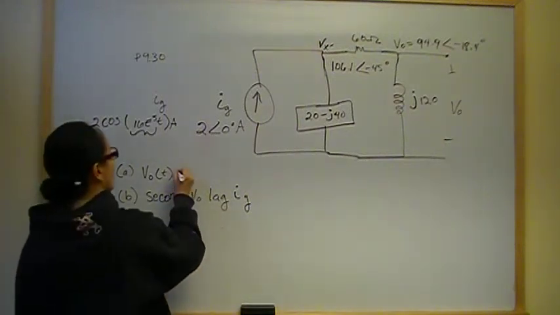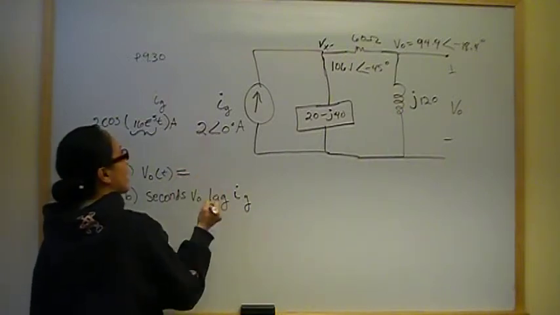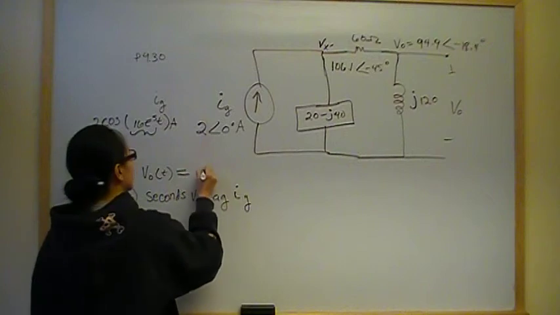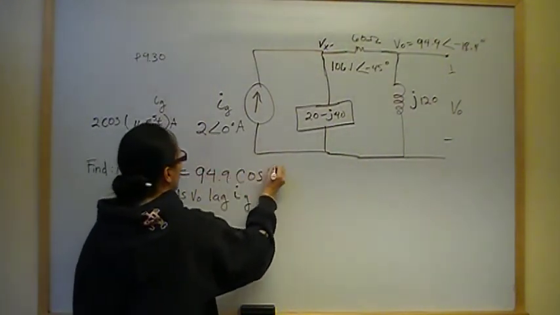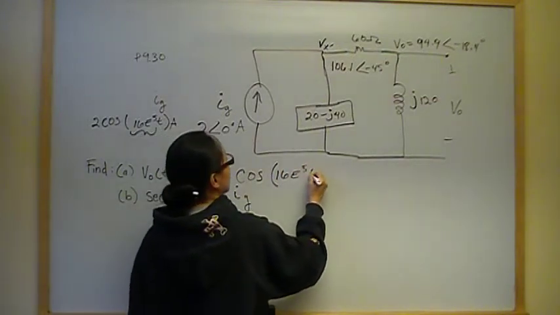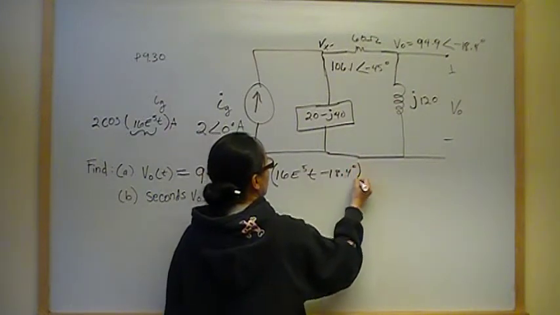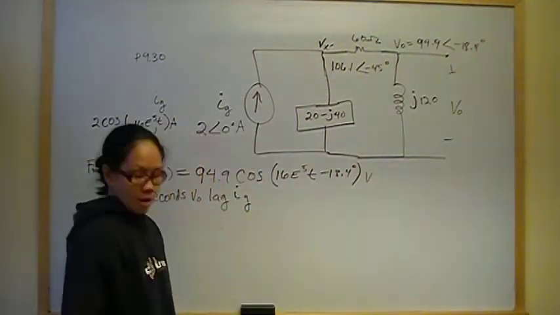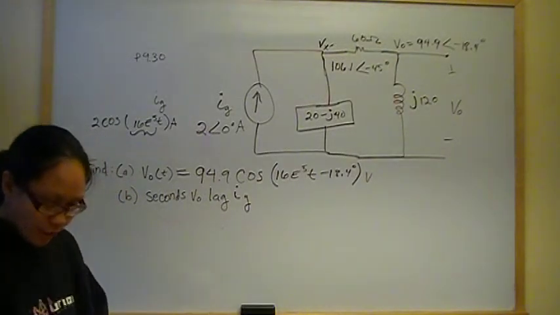Converting that into a sinusoid is pretty easy. The magnitude is the number before the angle, so it's going to be 94.9 cosine, omega doesn't change, 16E5t minus 18.4 degree volts. And yes, that's correct.